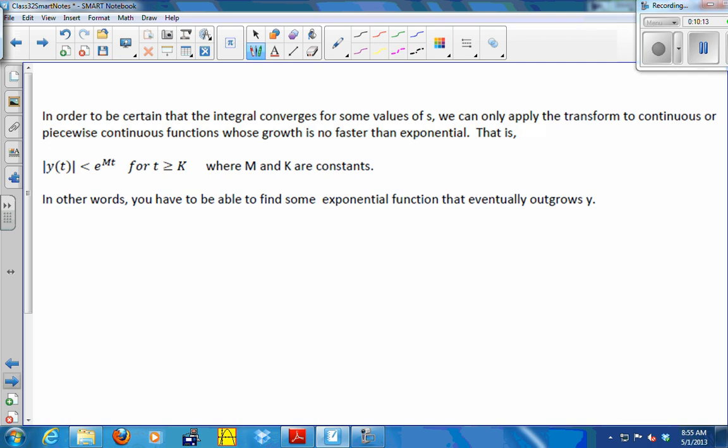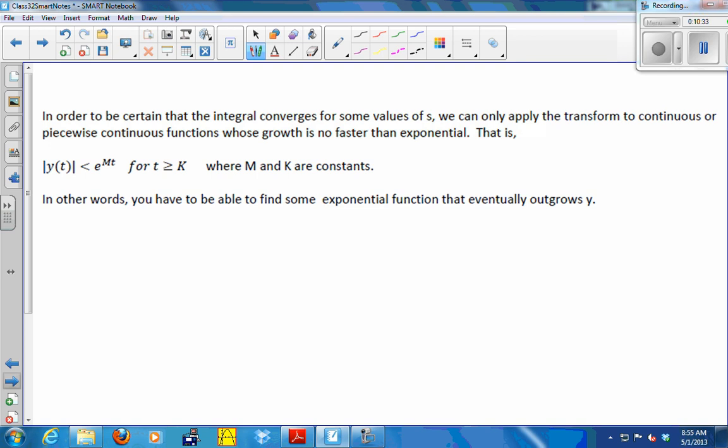Okay, so in order to be certain that the integral will converge for some values of s, because the Laplace transform is where it actually converges, we can only apply this transform to continuous or piecewise continuous functions whose growth is no faster than exponential.